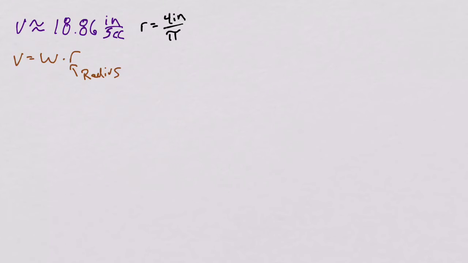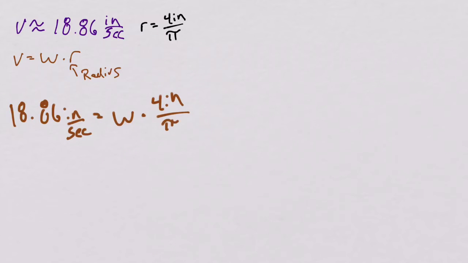Because we know that's angular velocity times the radius, we're going to solve the same way. 18.86 inches per second equals my angular velocity, omega, times 4 inches divided by pi.